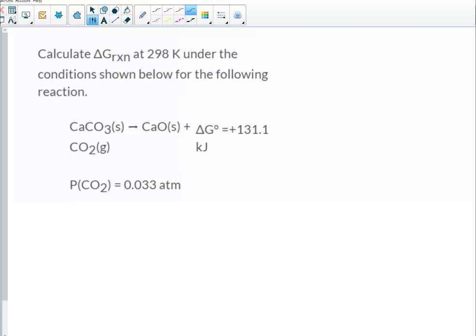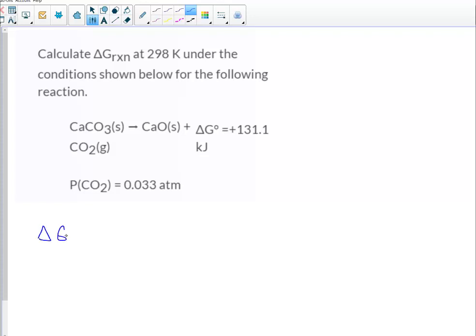We can calculate the delta G of a reaction at 298 under the following conditions shown below for the following equation. So again, we're asked to solve for non-standard state.